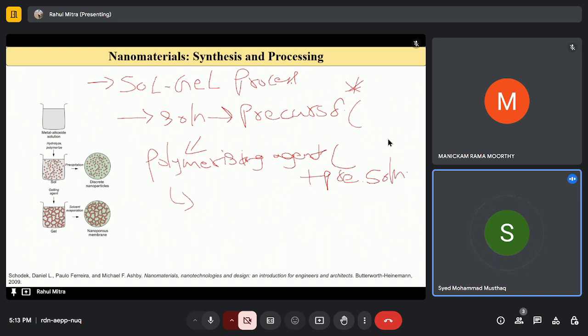The precursor solution has independent molecules which are not bonded to each other. What the polymerizing agent does is form a polymer of these monomer molecules.